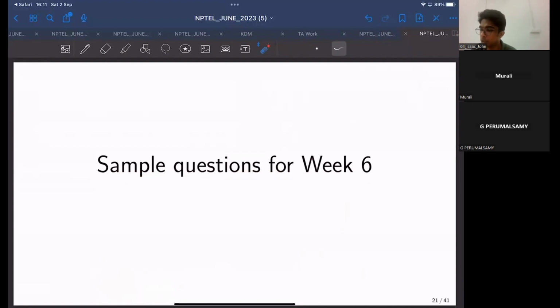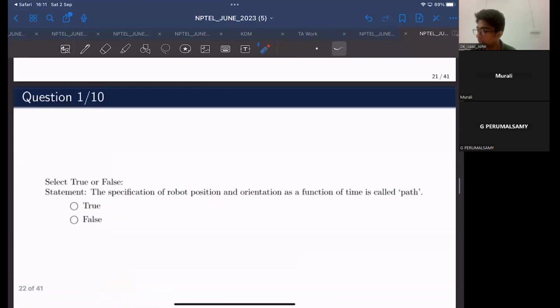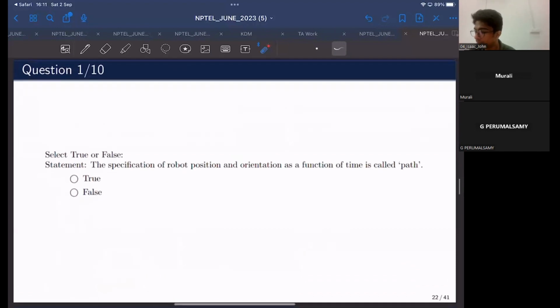You can expect similar questions during your week 6 assignments, right? So here goes. These are all true or false questions, more or less. We have 10 questions. The first question says, the specification of a robot position and orientation as a function of time is called path. It's a fairly straightforward question.